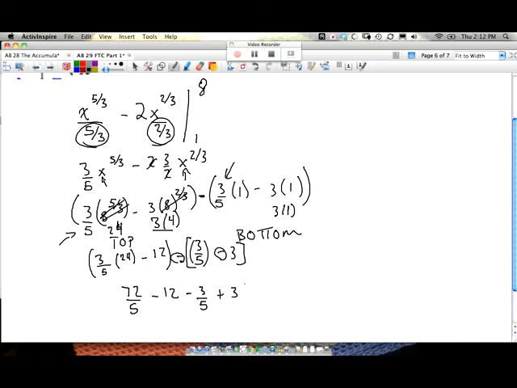So altogether, 72 minus 3, that's 69 divided by 5, negative 12 plus 3 is minus 9. Now if I were to change that into fifths, that's really 45 over 5. So let's see what we would get. We'd have 69 minus 45. 69 minus 45 is going to be 24. No, what are we getting there? 24 divided by 5.